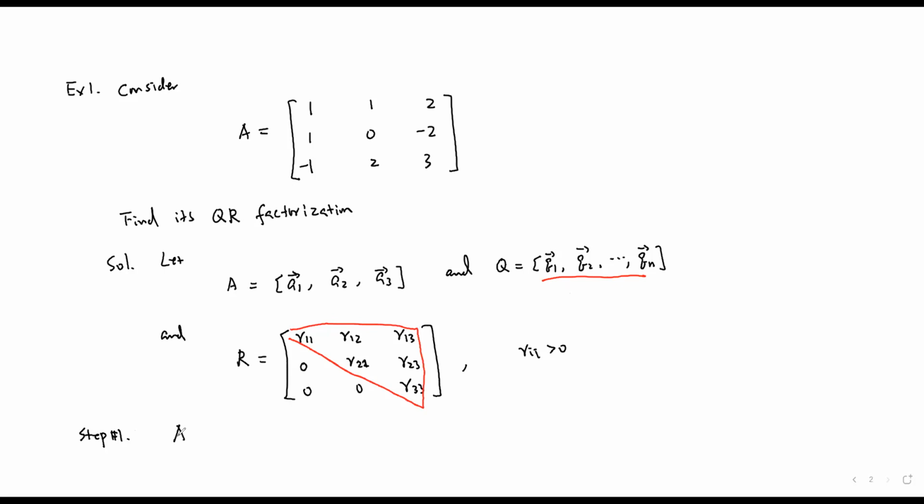QR factorization. So A is Q times R. Now A is A1, A2, A3, Q is Q1, Q2, Q3, and R is R11, R12, R13.